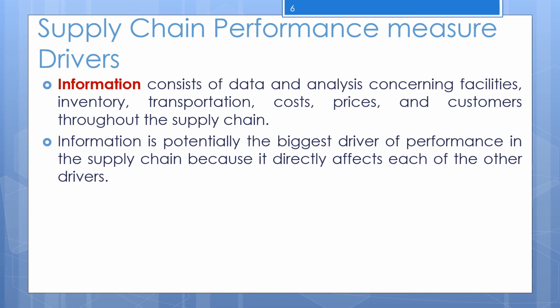Then we can think of one more technology, that is ERP, that is Enterprise Resource Planning. An ERP system provides transactional and global visibility of information from within a company and across its supply chain.